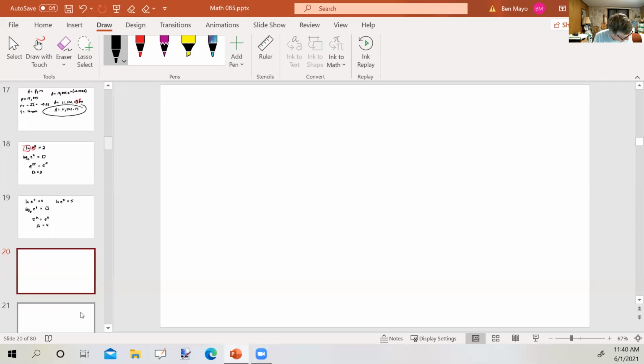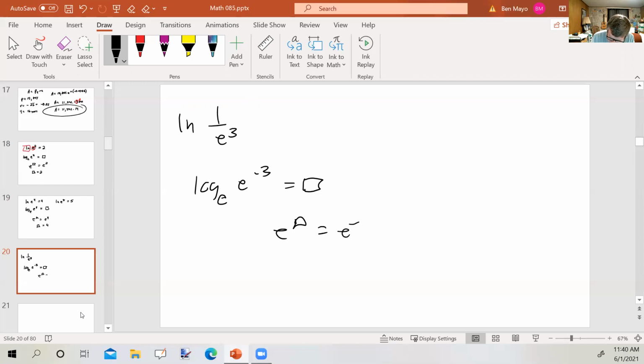Okay, let's take a look at the natural log of 1 over e cubed. Well, that's log base e of, let's see, 1 over e cubed could be written as e to the negative 3 power. So that's equal to some unknown box. e to the box equals e to the negative 3, and the box equals negative 3.